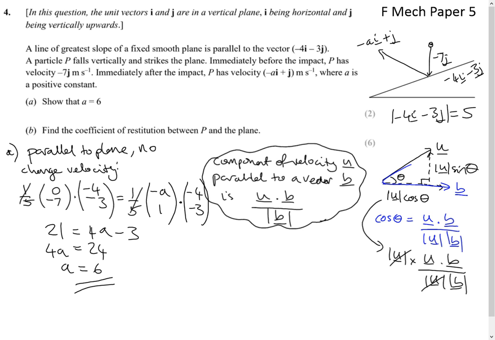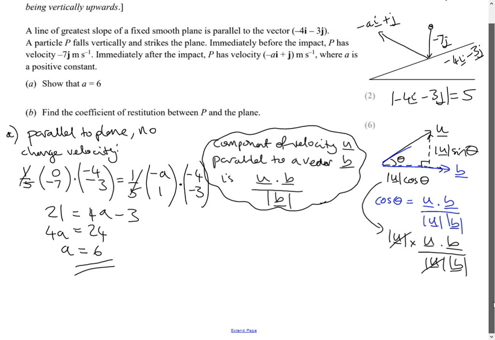Right, so once we've done that, in part B, they want us to find the coefficient of restitution between P and the plane. Okay? So what we want to do now, we're going to look at perpendicular to the plane, and then we can use the impact law, with e being speed of separation over speed of approach.